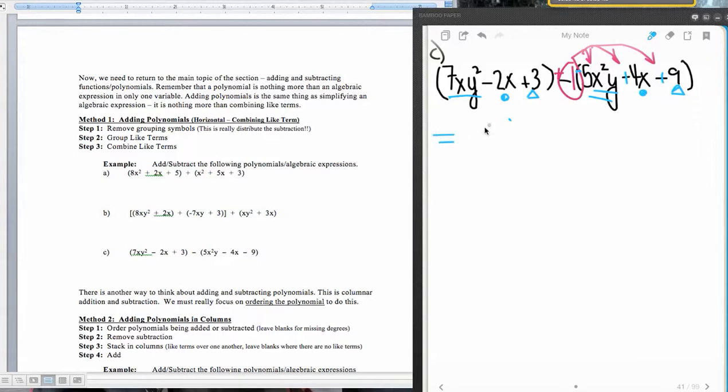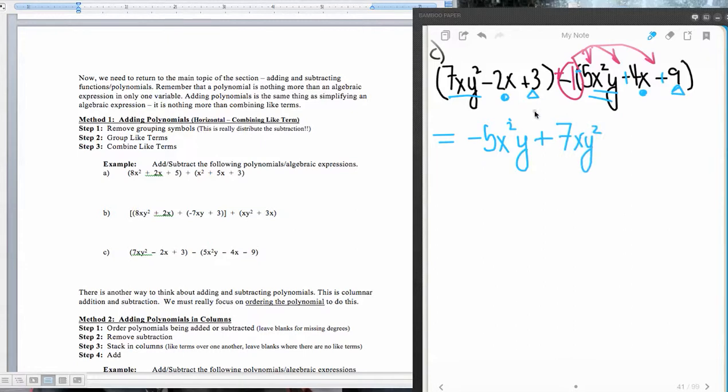So I'm going to put the -5x squared y first, because x squared y is a third degree term, and xy squared is a third degree term, but the x squared, to the second power, is higher than the x to the first power, so it would come first if we were ordering these properly. And the next one is the 7xy squared.